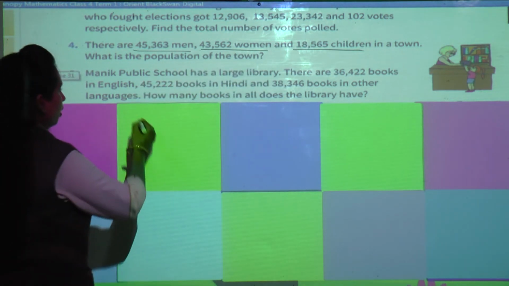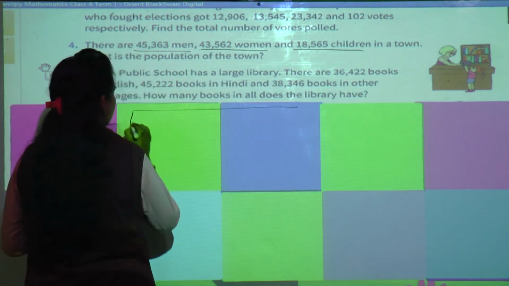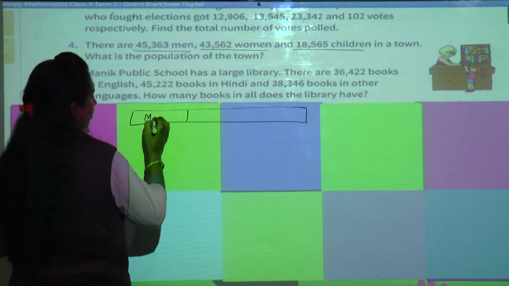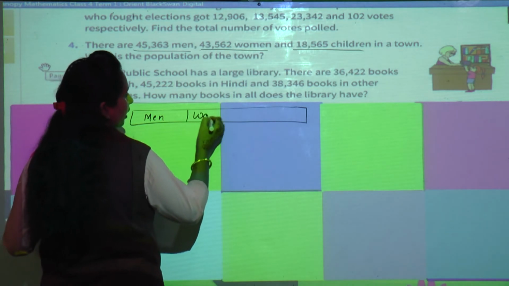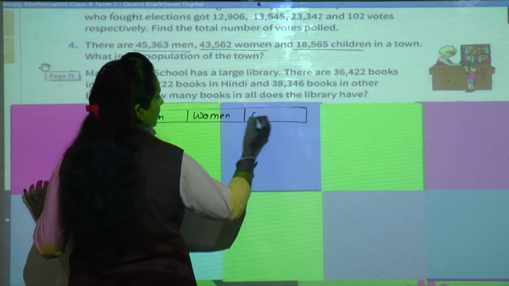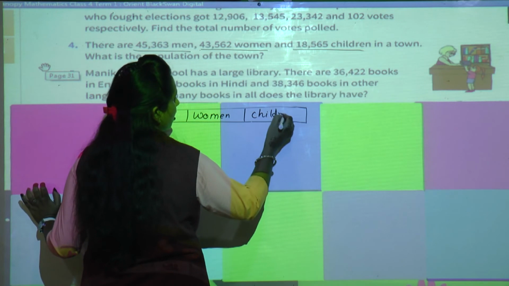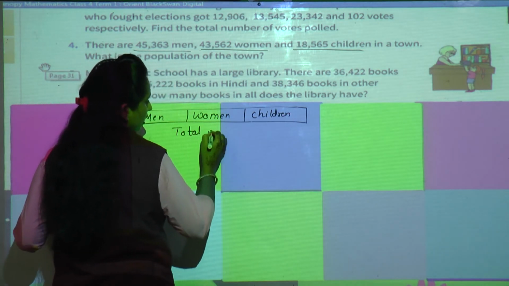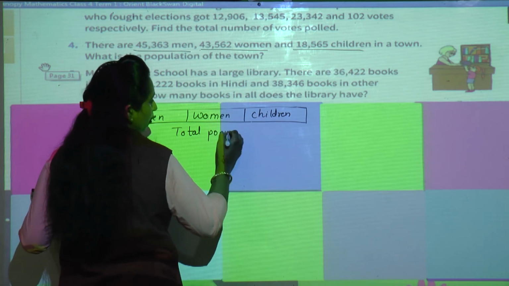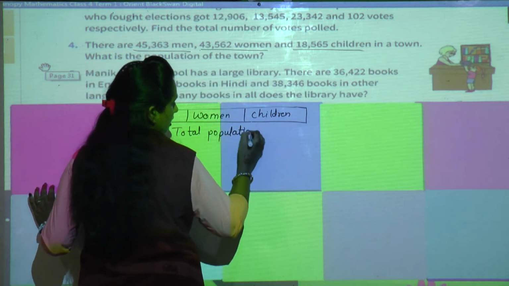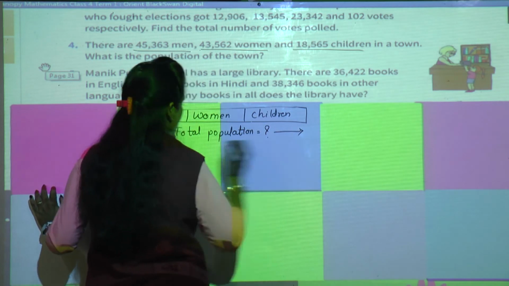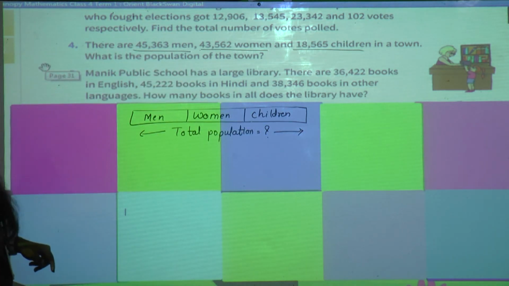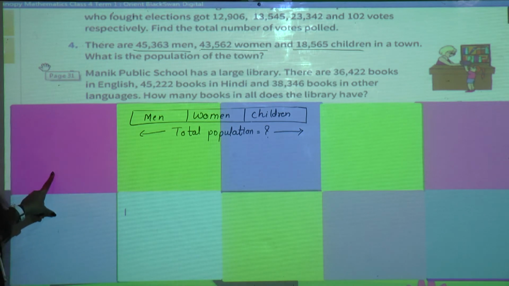So draw one box. Okay, picture. Here you will write men, the next is women, and the next is children. Now what do you have to find out? Total population. So write here total population, question mark. When you add these 3 together, you will automatically get the total population. So what will you write?